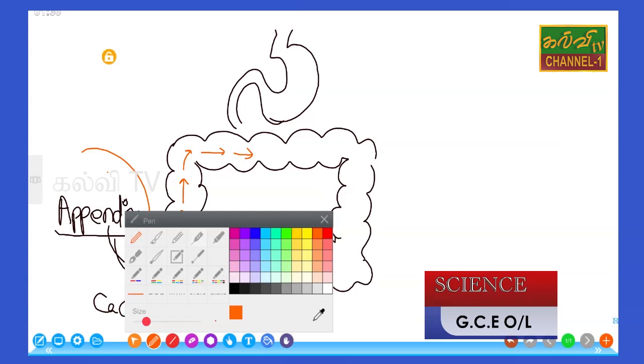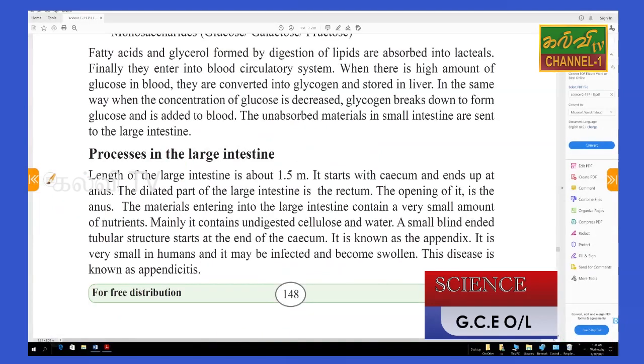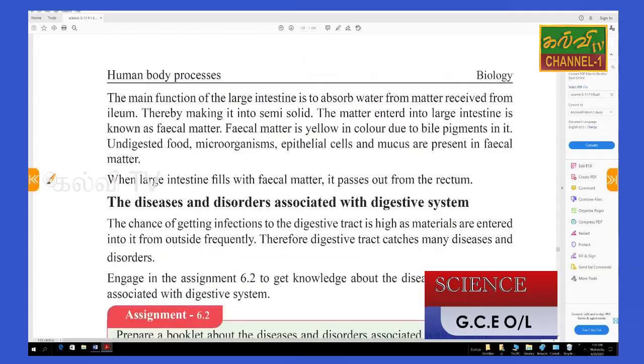Therefore what happens? It becomes enlarged through the infection. So sometimes death is possible from the swelling of this appendix. So the disease is called appendicitis. Okay, we can move to the next one.